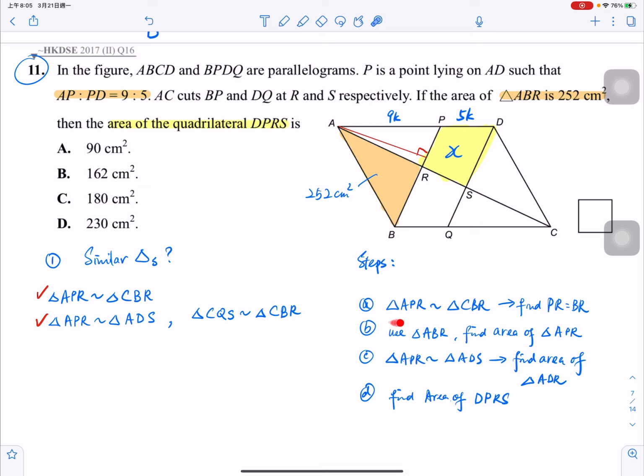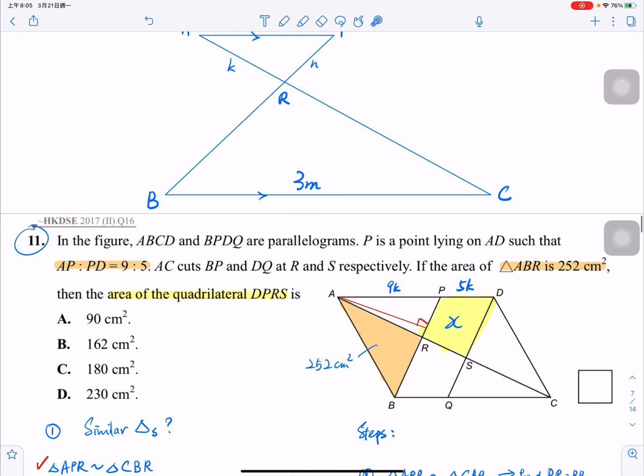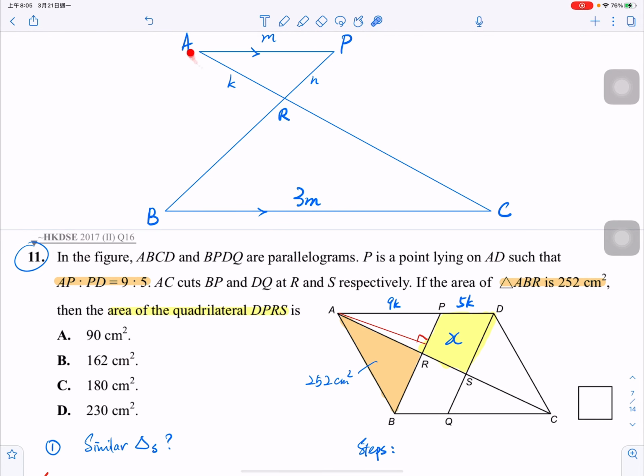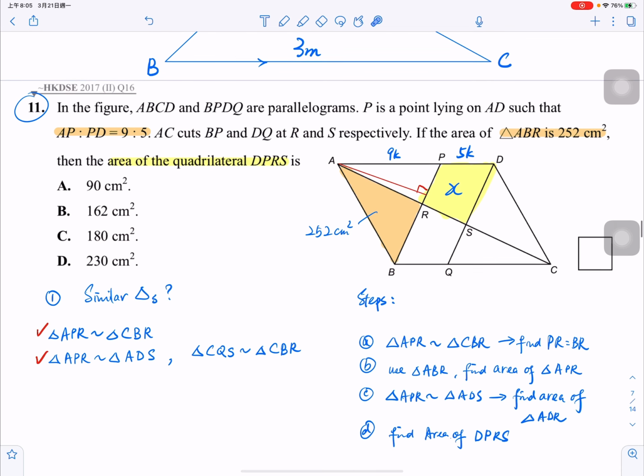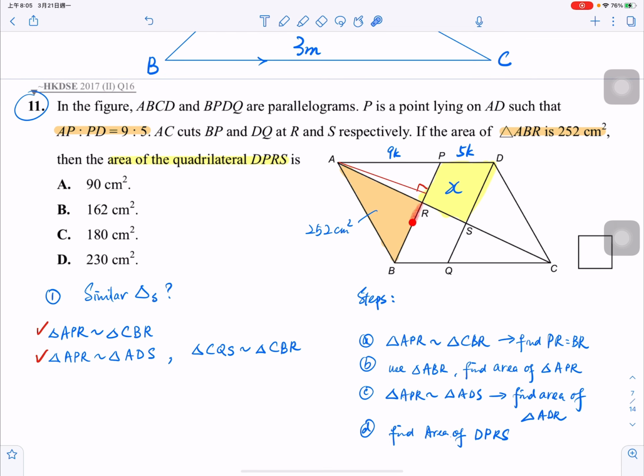So let's try to find the ratio between BR and RP. Remember the starting two similar triangles: this one and this one are the corresponding sides.